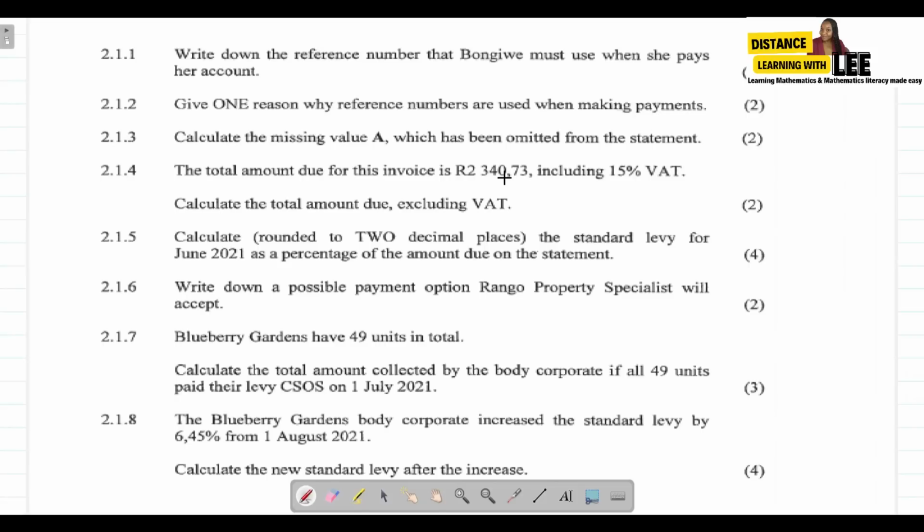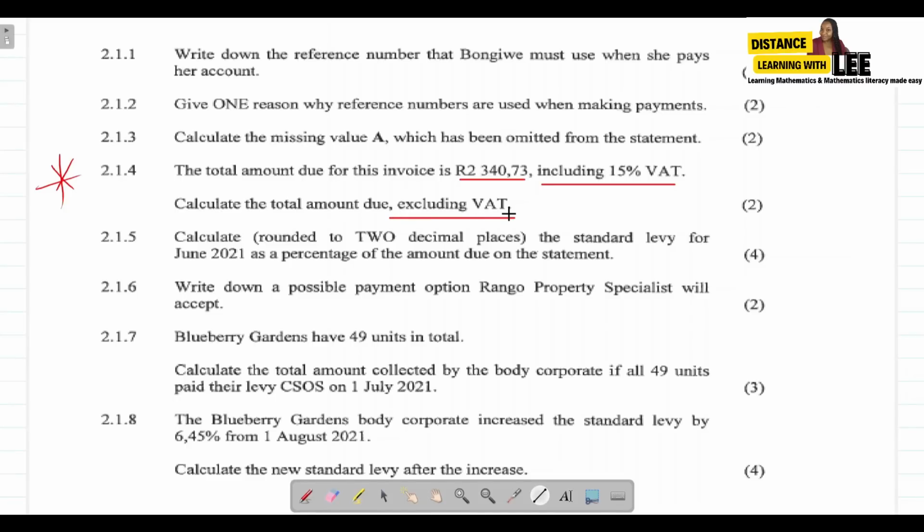We are told this 2,340 Rand and 73 cents is including 15% VAT, but they ask us to calculate the total amount due excluding the VAT.